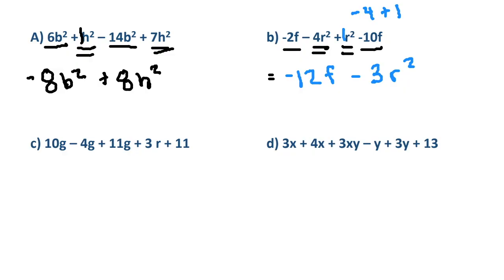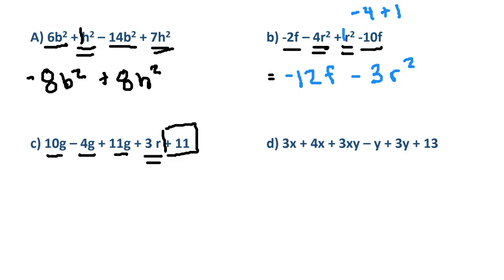Okay, now let's go into C. I have 3 G's, then I have an R, then I have just this number. So this is called a constant. You don't need to know that definition, but this 11 doesn't have anything attached to it, so it can't combine with anything. So we're just going to leave it like that. So I can combine everything with a single line. So I have 10 take away 4 plus 11, right?